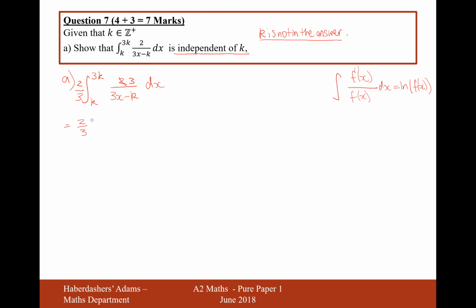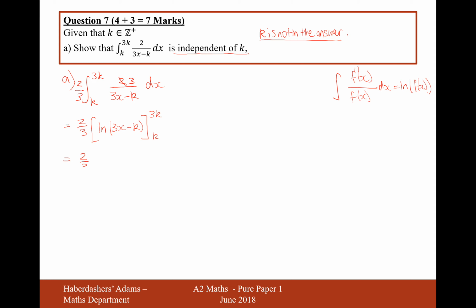It's going to be 2/3, and the integral is going to be Ln of 3x minus k between the boundaries of 3k and k. Okay, so let's now substitute in 3k and k.